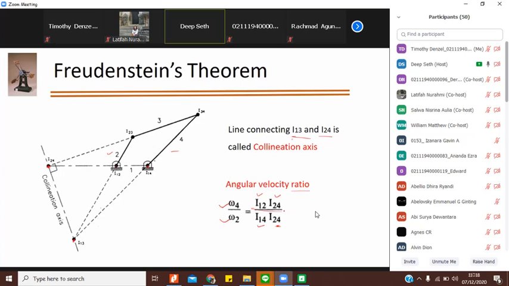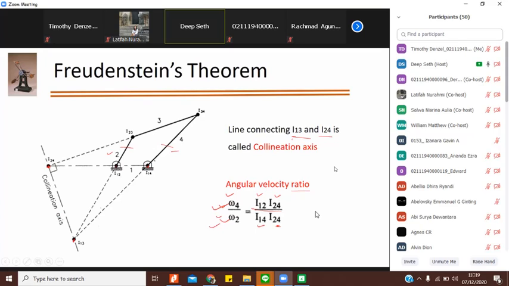So if you just divide by that, you can get omega 4 and omega 2 very easily. It is easy to find because it is on the line extension of I12 and I14, on the fixed plane, and this distance is easy to find as compared to this one. So if you want to find omega 2 and omega 4, you can find them like that. And the axis on which it is lying is the collineation axis.